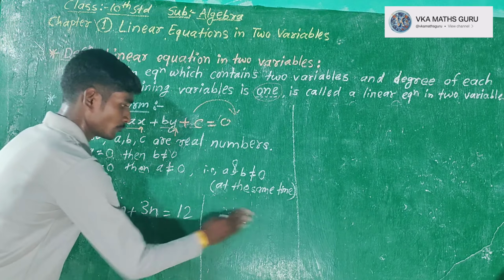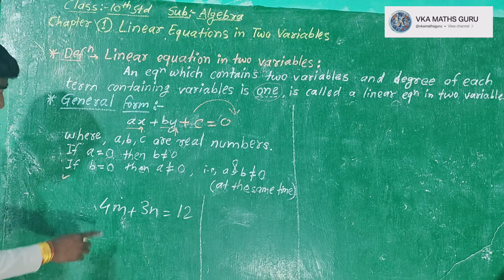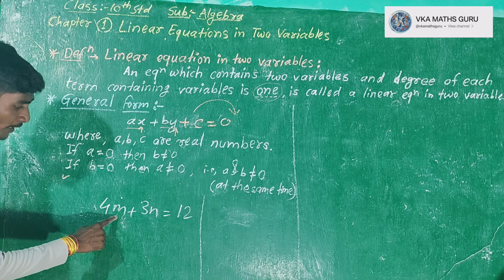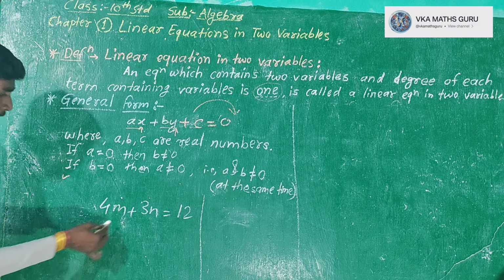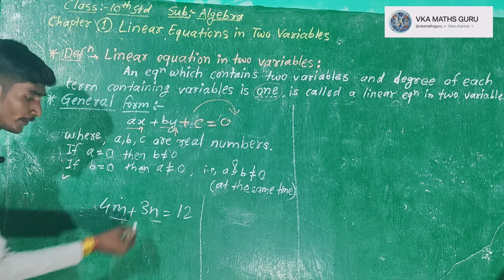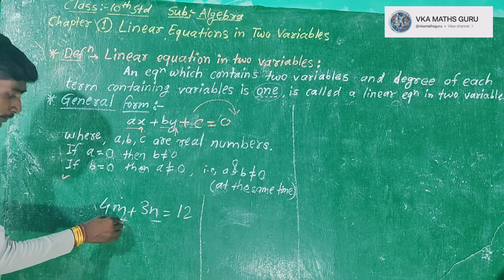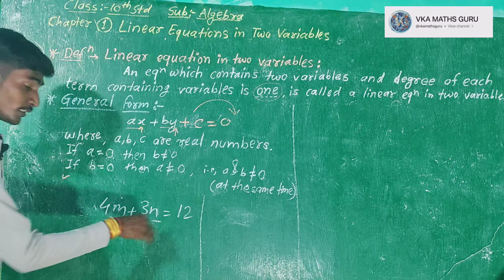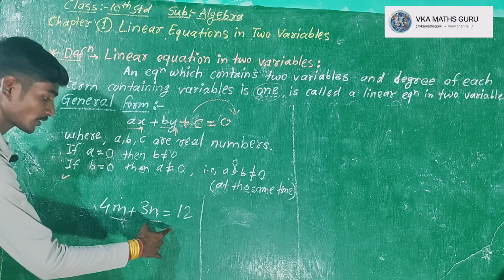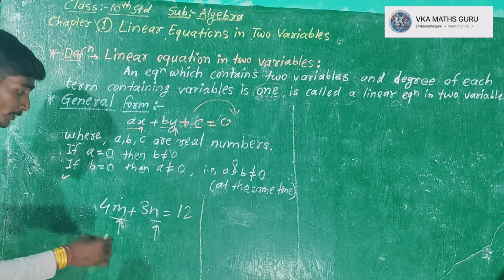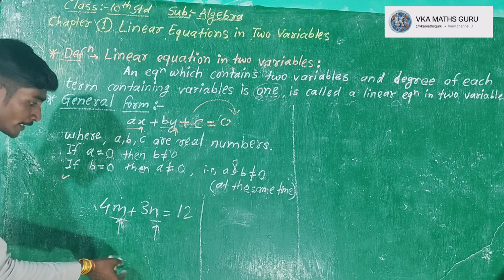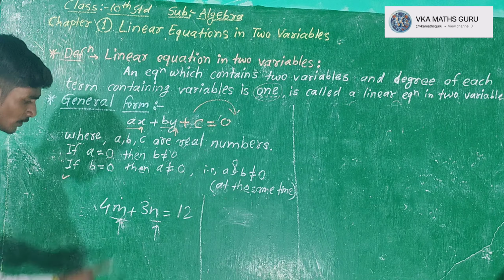So we check. Now see here, 4m plus 3n is equal to 0. We can simply see that m and n are variables. So m is one variable and n is a second variable, so in this equation there are two variables. We also want to check the degree of each variable.